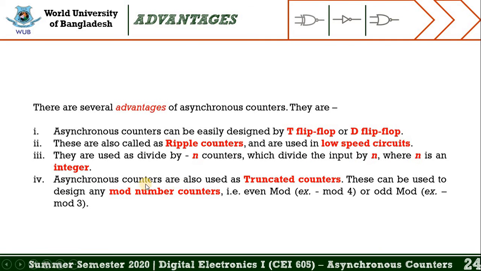Last, asynchronous counters are also used as truncated counters. These can be used to design any mod number counters, which means even mod, such as mod 4, 4 is an even number, right? And odd mod, such as mod 3, 3 is an odd number. So let's move into the next slide to explore some of the disadvantages of this type of counter.